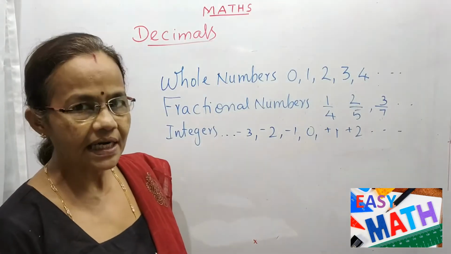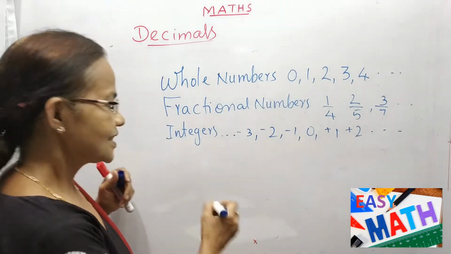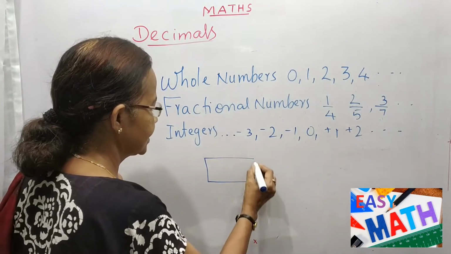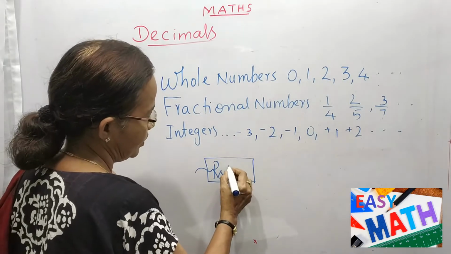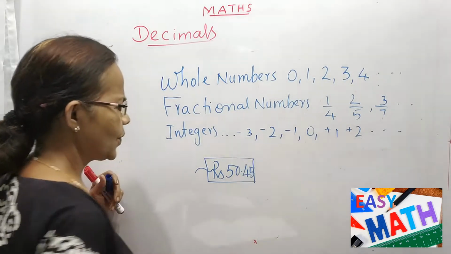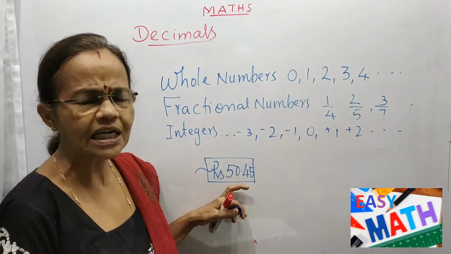See, when you buy things, did you notice the price tag? See this price tag, that is rupees 50.45. What do you mean by this? This number has a point.